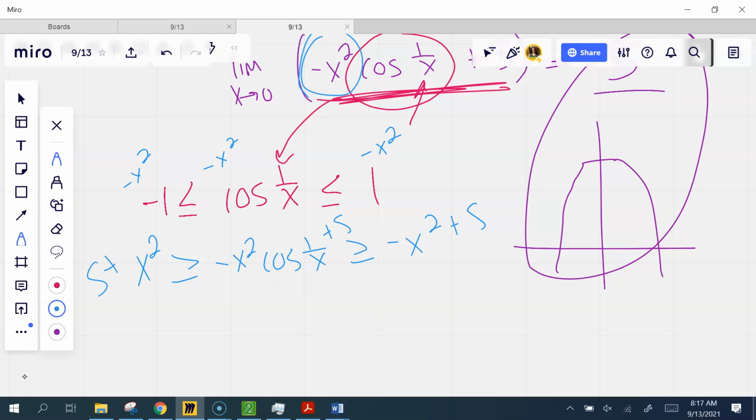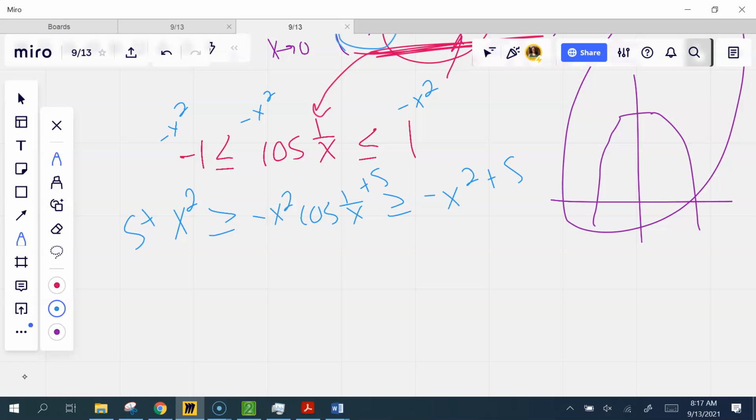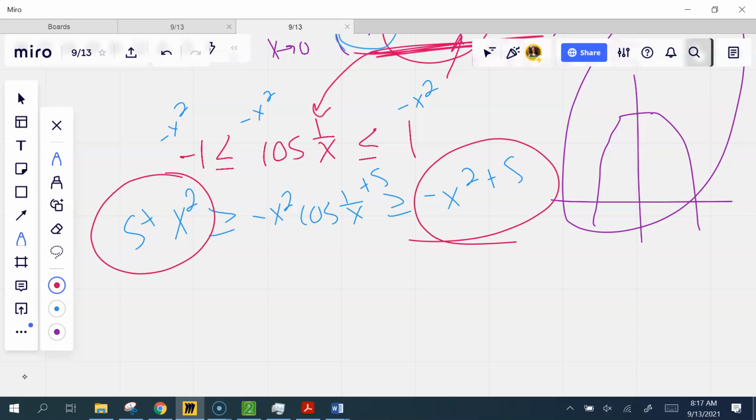And the whole point in this is because my ends become something that I can evaluate the limit of very easily. In other words, what's the limit as x approaches 0 of x squared plus 5? 5, because I can plug in a 0. And on this end, what's the limit as x approaches 0 of negative x squared plus 5? It's 5.